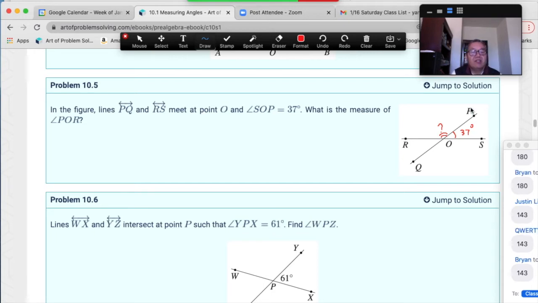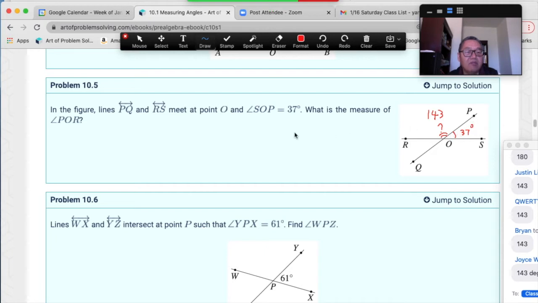Okay, Justin is correct. Eric is correct. Brian is correct. So this one should equal 143. Why? Because ROS is a straight line, so this angle ROS equals 180 degrees.